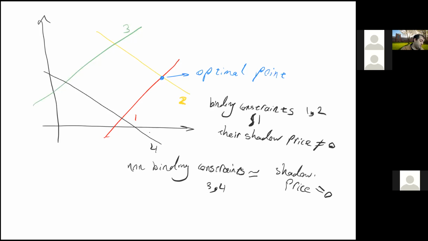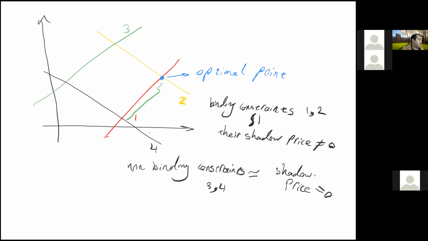Also look at the optimal point and line number 4. Do you see there's a distance here? When our optimal point is on a binding constraint, it just means those constraints intersect each other. It's the only way to make a point.